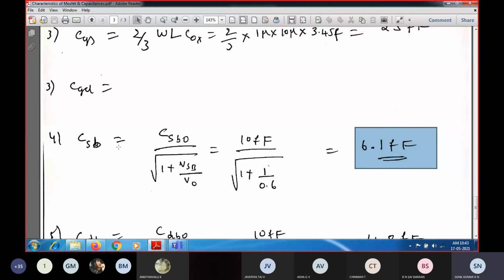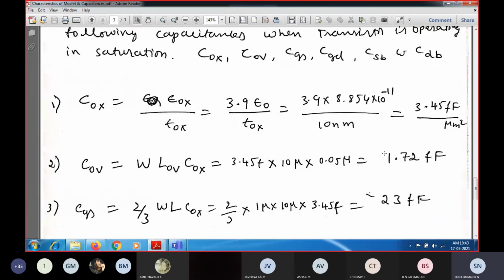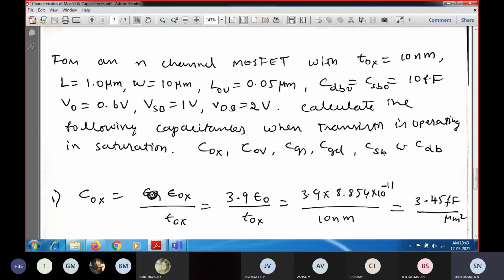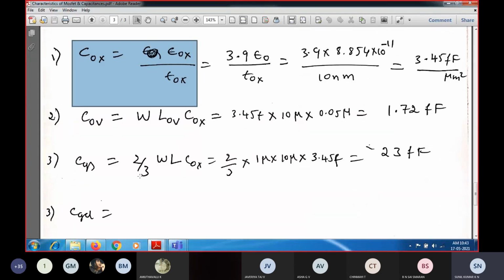Same way, CDB is equal to what? CDB naught remains the same, 10 femtofarad, divided by square root of 1 plus VDB equal to 2 volts divided by 0.6. So 1 plus 2 divided by 0.6 gives 4.8 femtofarad. These are the ways in which you find the values. You only need to know the equations, and if you know the capacitance expressions, you can easily score 4 to 5 marks.